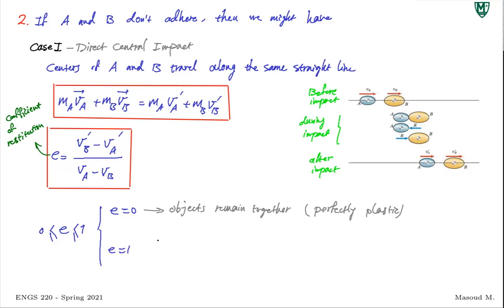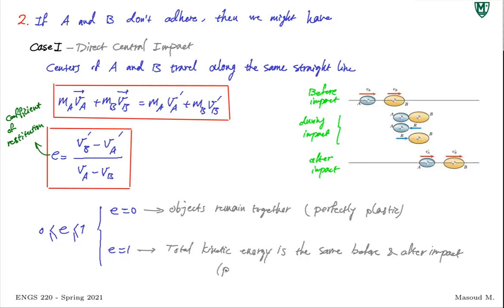If e is 1, the total kinetic energy is the same before and after the impact. So we have the perfectly elastic impact, which means, maybe I should have written it the same way I wrote the other one, it tells us the total kinetic energy is the same before and after the impact.